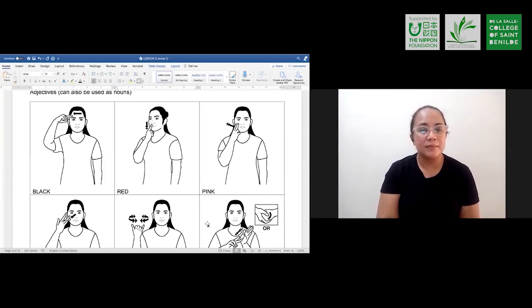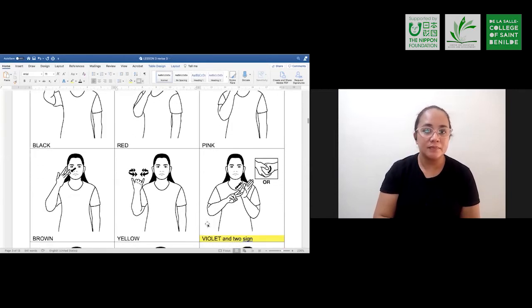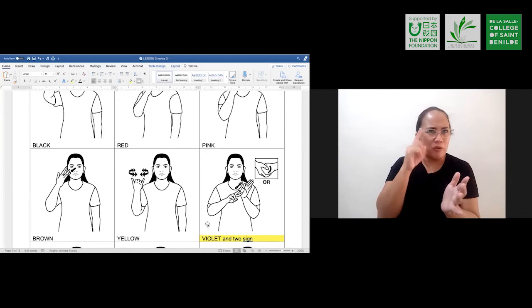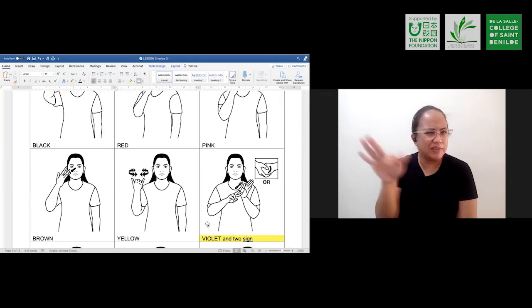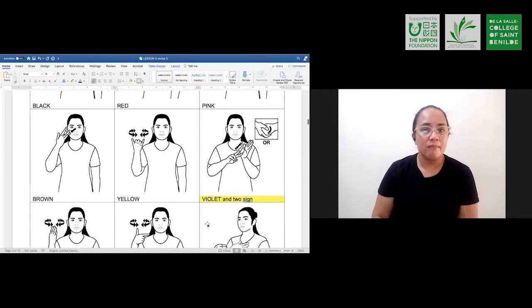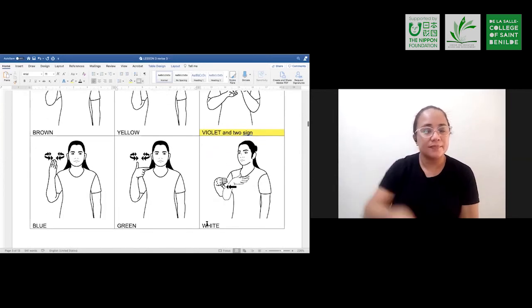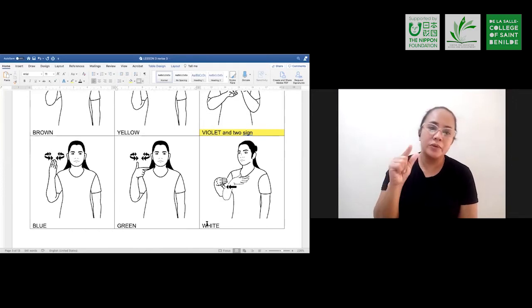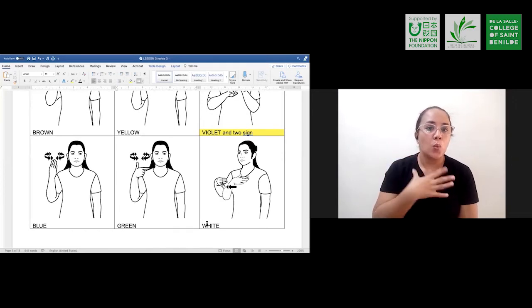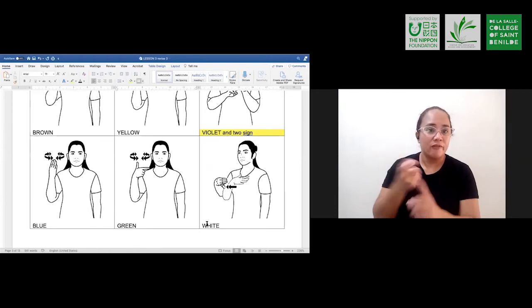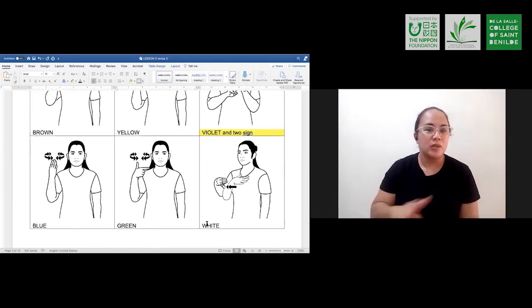Brown, brown. Yellow. Violet, I don't believe we have a sign in ASL. I believe most people fingerspell. Can you go down, Chuck? Okay, but blue and green. White actually comes from French Sign Language also, and is used in ASL, but usually with just one movement. Okay, and go down.